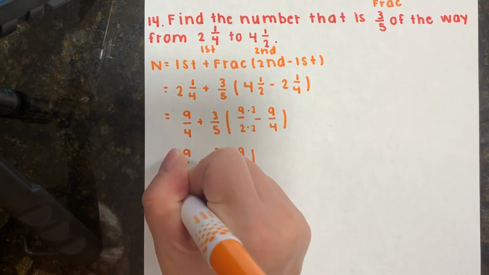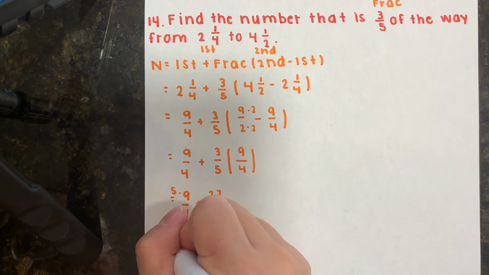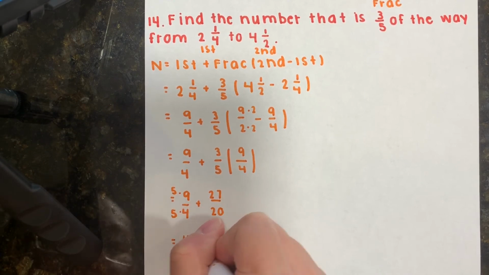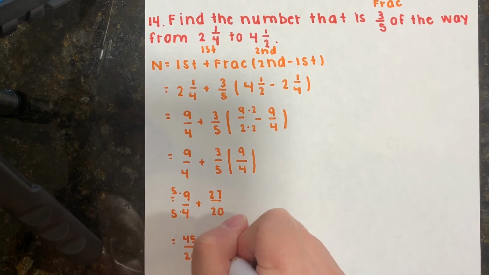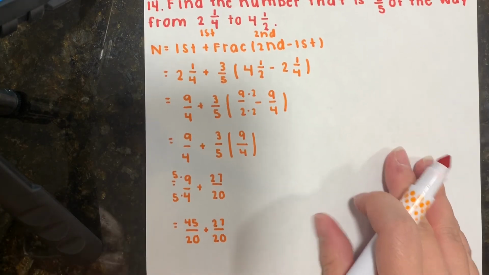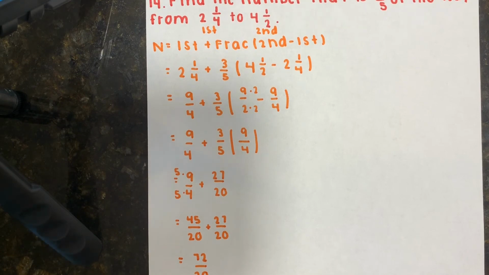So I'm going to multiply the 9/4 by 5. So I have 45/20 plus 27/20. And that's going to give me 72/20, which can be simplified because 72 divided by 2 is 36, and that divided by 2 is 18.